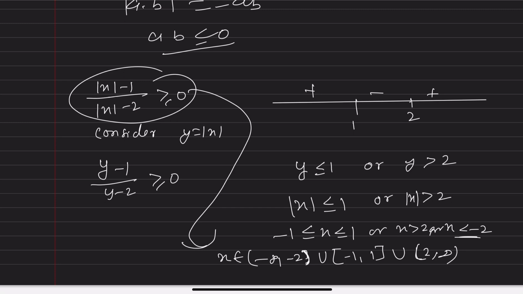Now the last question I am going to discuss. Here I have a good problem: mod of x square plus 3x plus x square minus 2 is greater than or equal to 0, and you have to find the solution. So how do you find the solution of this inequality?